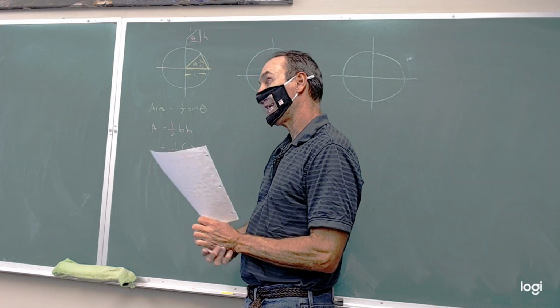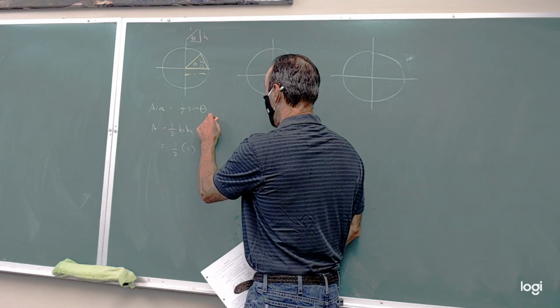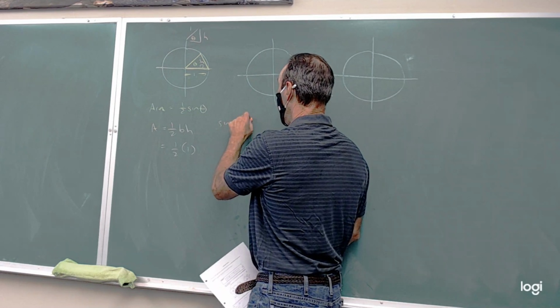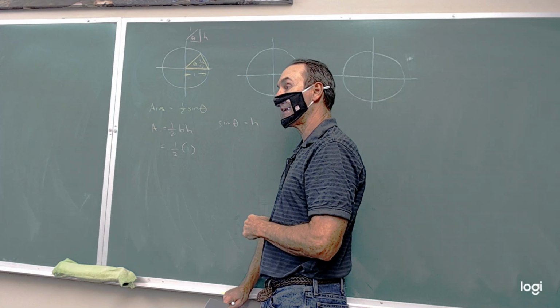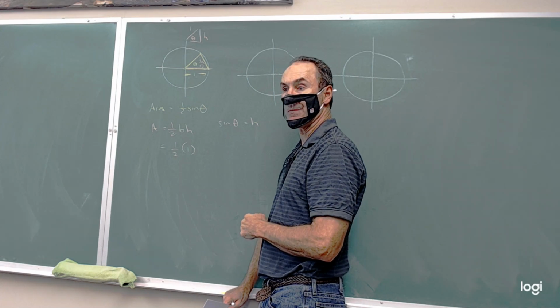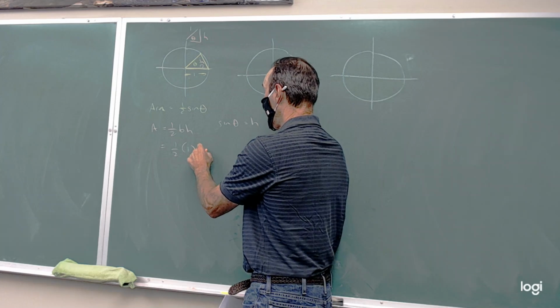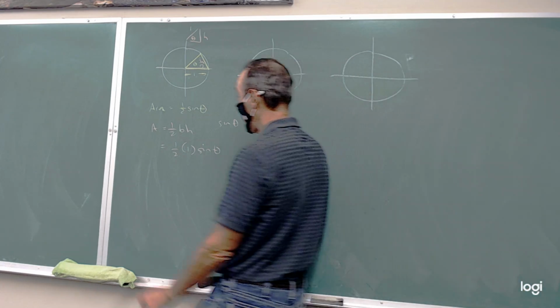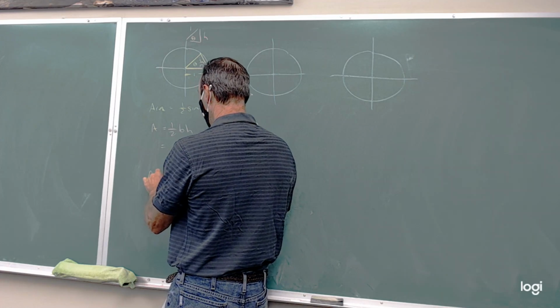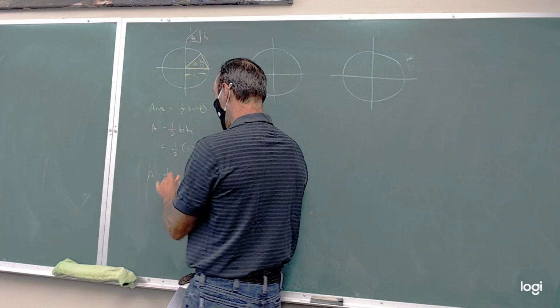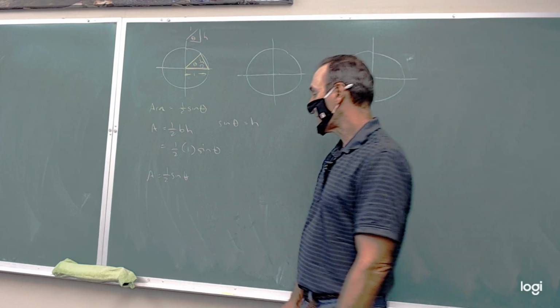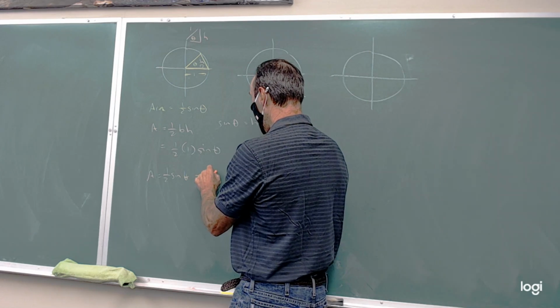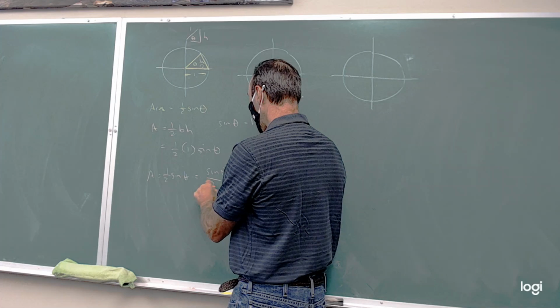So the sine of theta is going to be that height of the triangle. And so our height is going to be sine theta. So the area of this triangle is 1/2 sine theta, which we're going to tuck that 1/2 underneath and call it sine theta over 2.